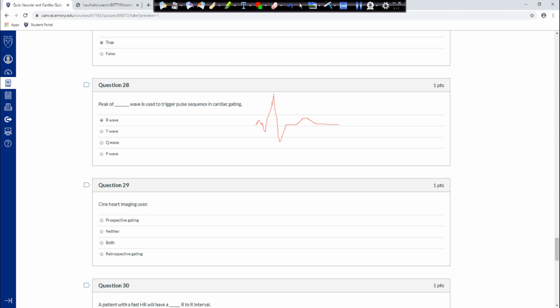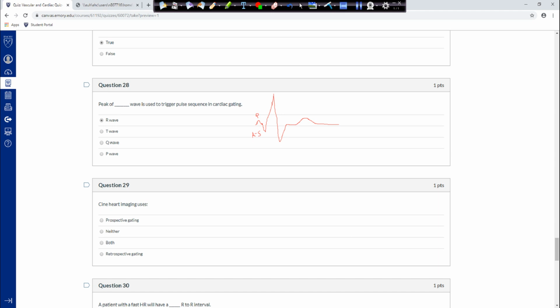Which is the first wave? P wave. What's that identify with? Atrial or ventricular contraction? Atrial. It's smaller. What's another word for contraction of the heart? Diastole or systole? Systole. Atrial systole.